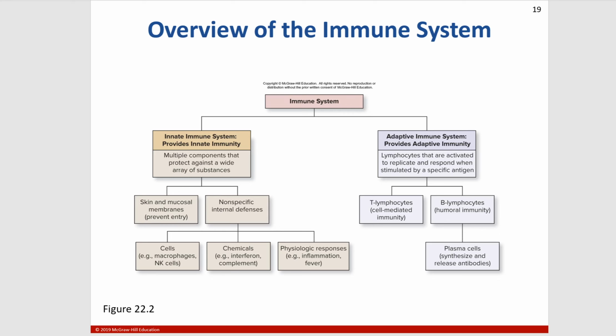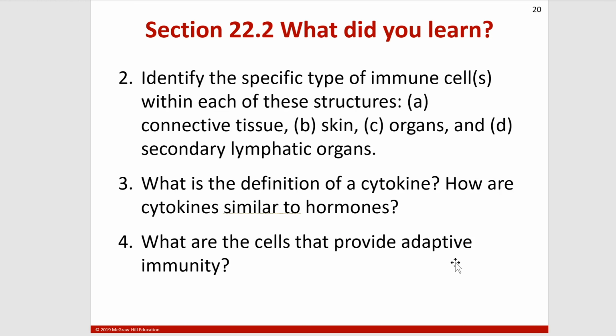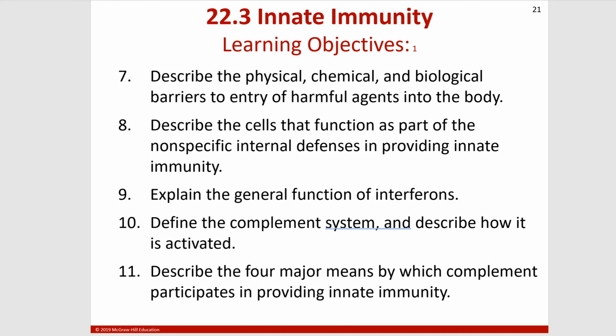So when we look at these, we see the adaptive versus the innate response. We have the innate barriers, and then internal defenses, cells, chemicals. Adaptive: T lymphocytes and B lymphocytes. B lymphocytes produce antibodies. T lymphocytes are cell mediated; the cell actually goes around and kills things, goes after things, attacks them.